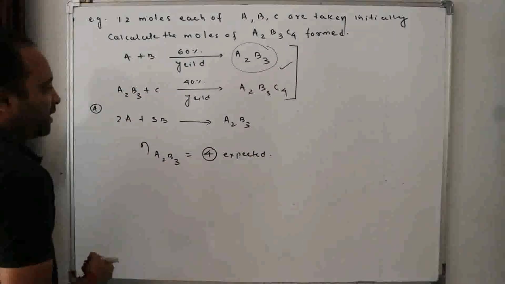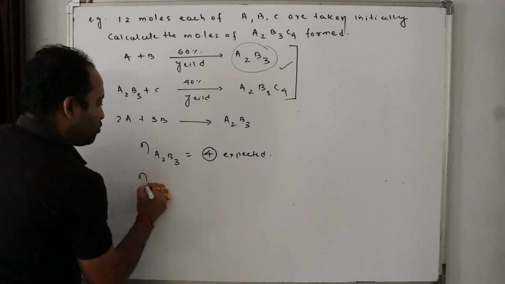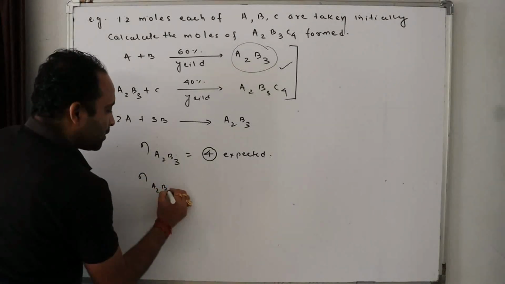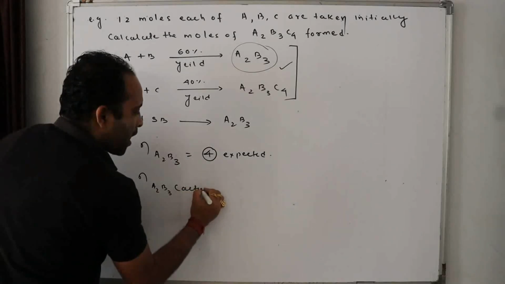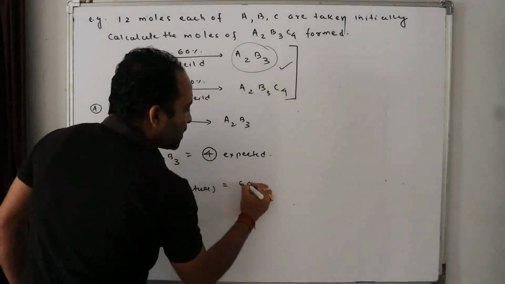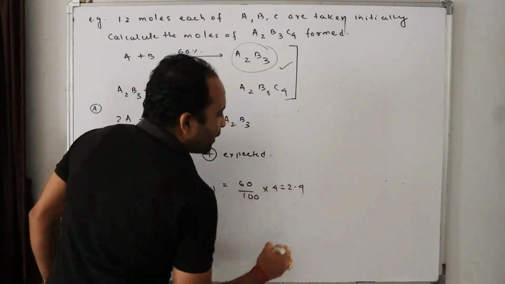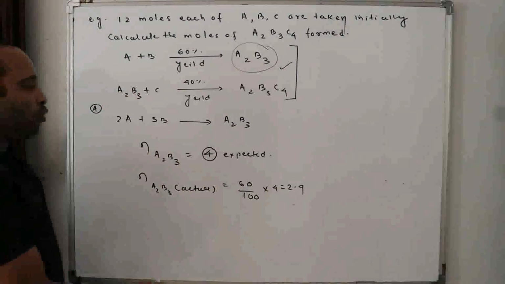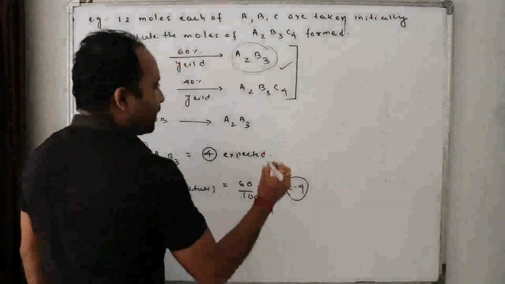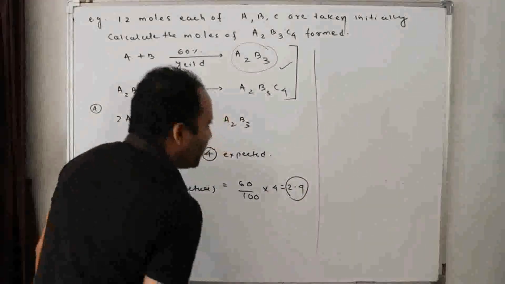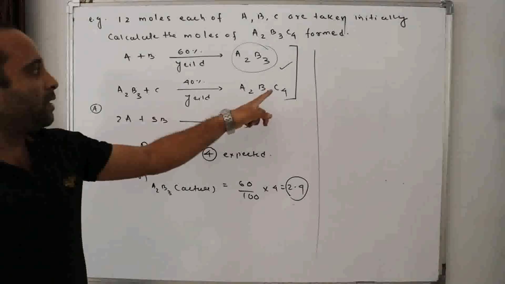But 60% is the yield. That means actual yield is 60%. Actual yield is 60% of 4. That is how much? 2.4. Now 2.4 is taken, isn't it? Now let us find the yield of A2B3C4.